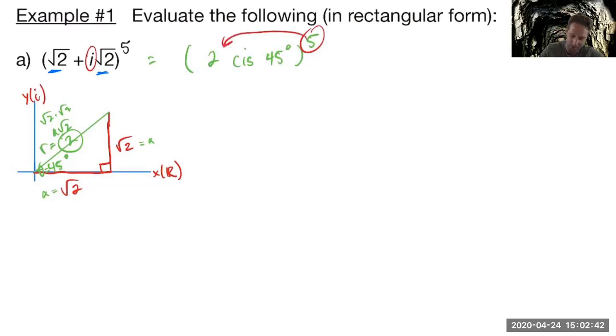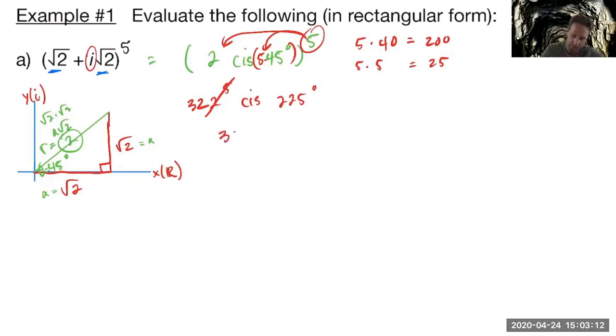Now I just get to write this as 2 to the 5th, cis, remember that now comes down in front, and I get 5 times 45, which I set it that way on purpose. I can do 5 times 40, and then I can do 5 times 5. So 2 to the 5th, hopefully you know, is 32. So I now have 32 cis 225, and that's my answer.